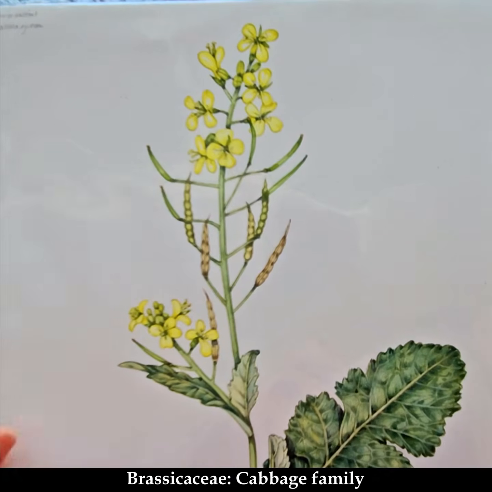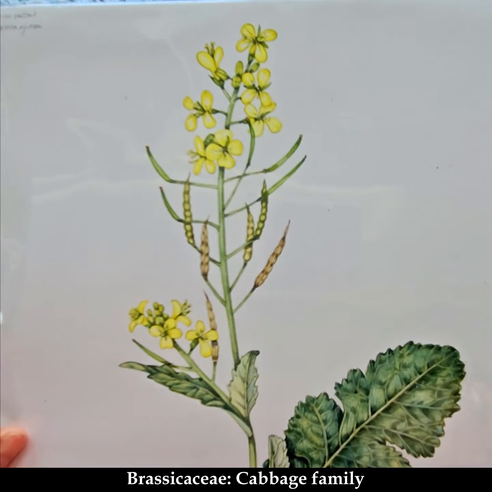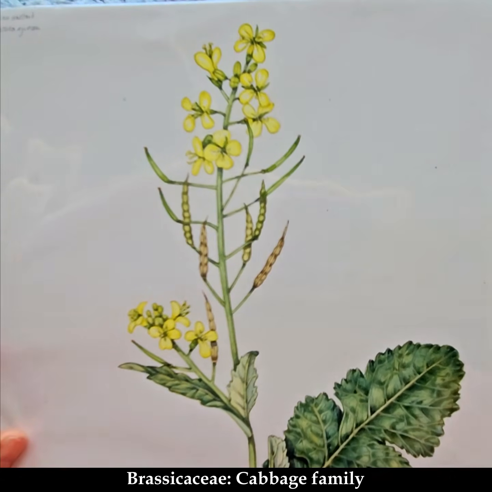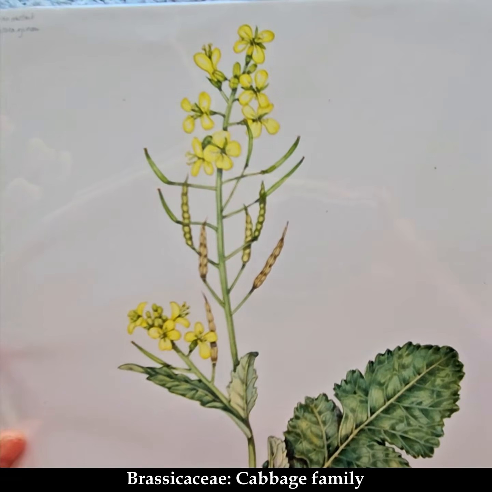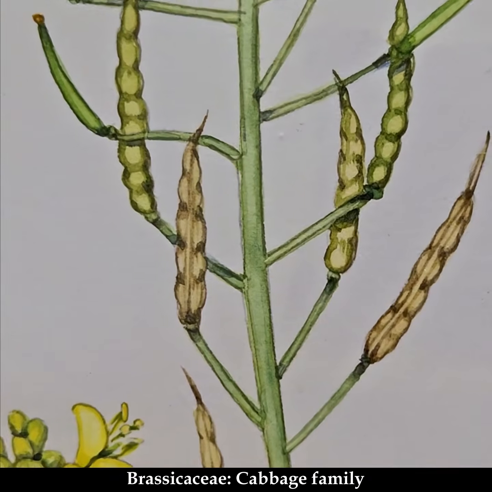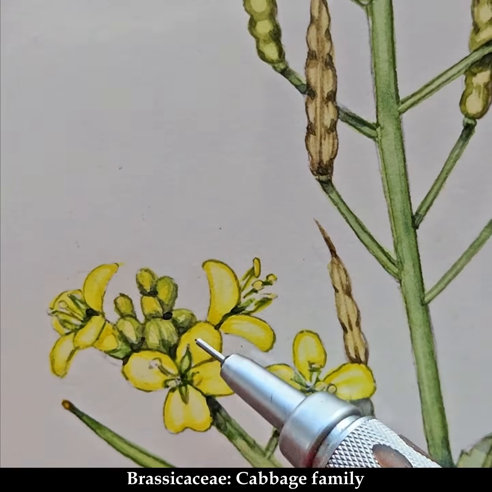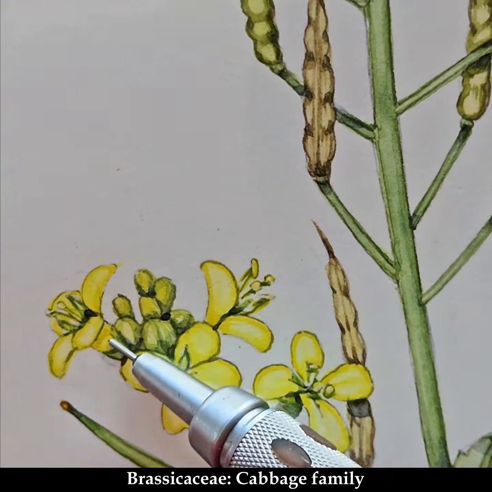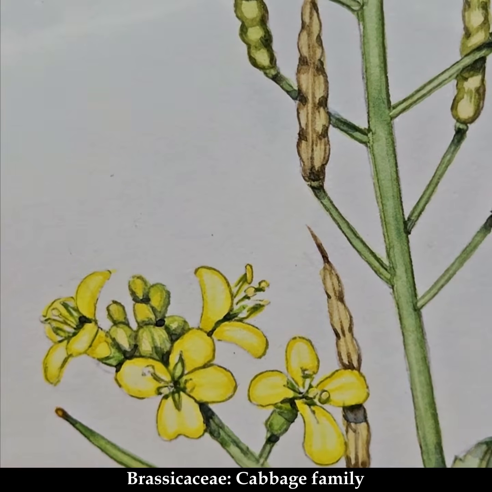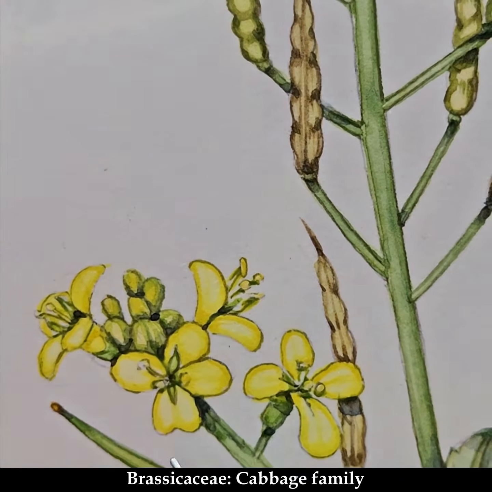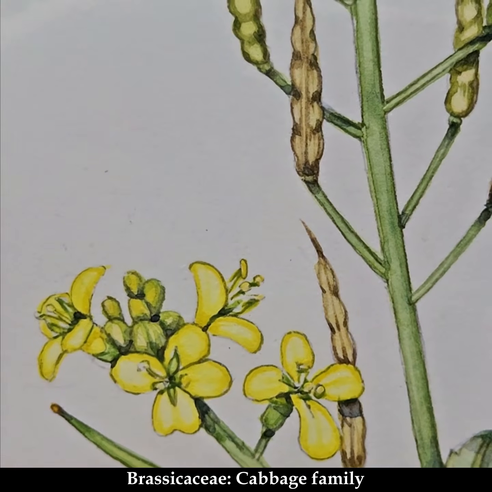The next family we're going to look at is the Brassicaceae, or the cabbage family. It used to be known as the Cruciferae. These flowers are all the same in that they have 1, 2, 3, 4 petals and 4 sepals. The petals are arranged in a cross, hence them used to be called Cruciferae.